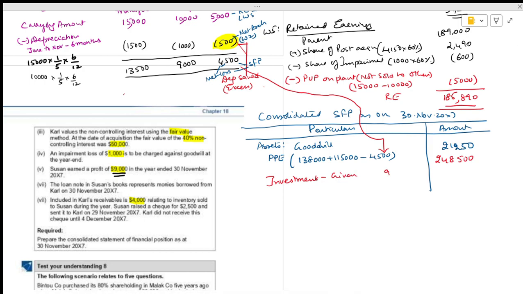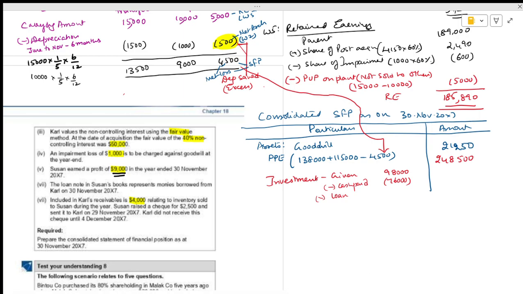98,000. Okay, 98,000 minus cash paid, 76,000, minus loan. You are taking the loan also, is it right?